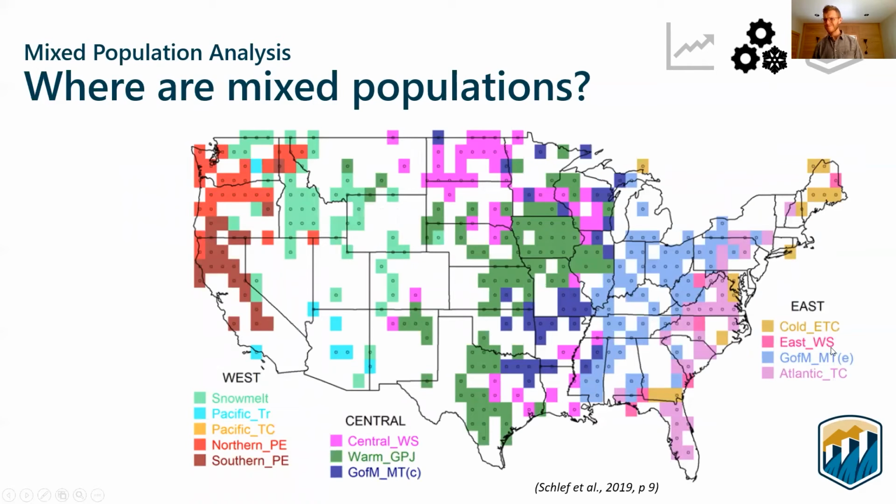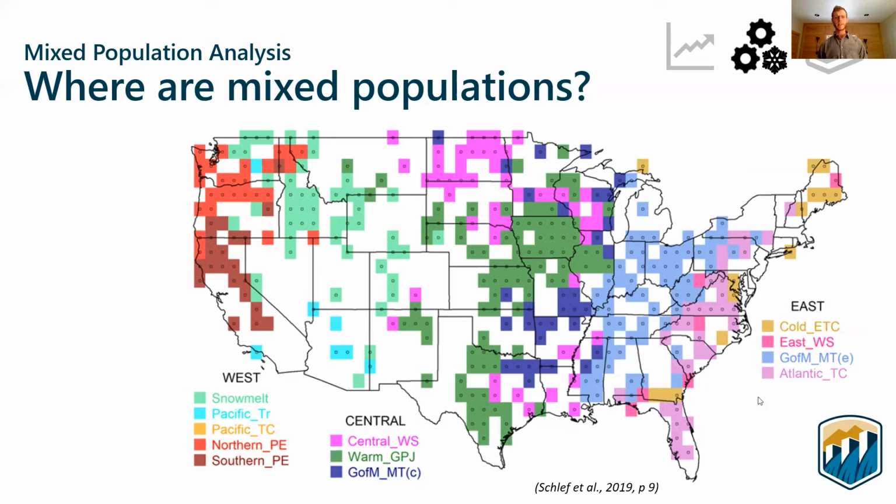So where do we have mixed populations? This figure is taken from a report published by Kathleen Schleff in 2019. What we're showing here is a map of the US, and each of these cells with the colored circle is a stream gauge across the US, showing the different mechanisms that dominate the biggest flood at that location.